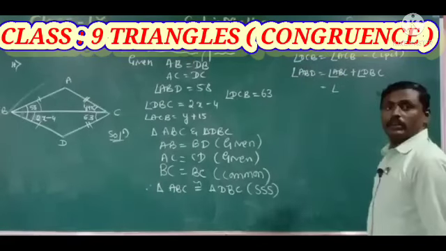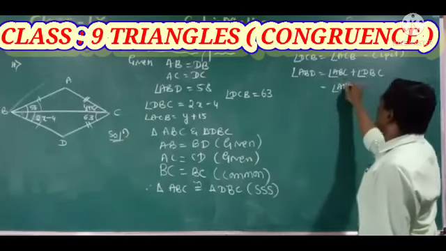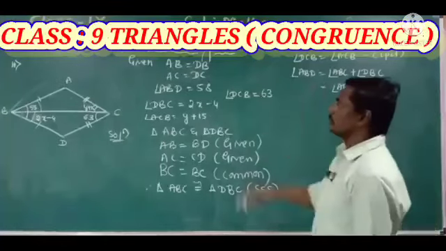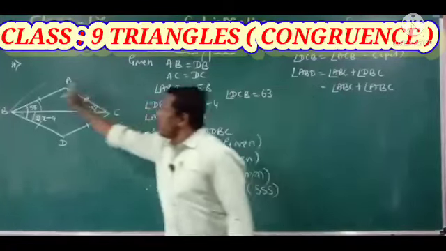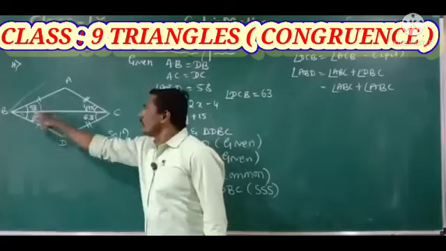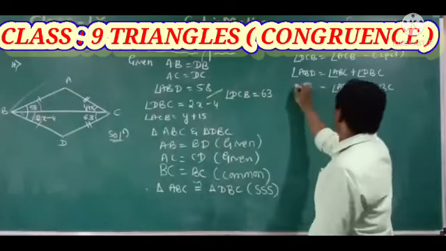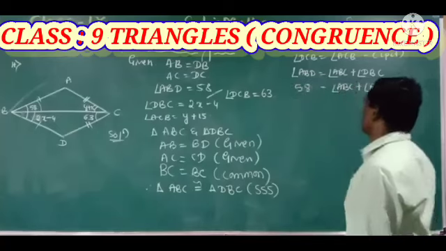So I am directly taking angle ABC plus angle ABC, which is equal to ABD. What is the value of the complete angle ABD? 58 degrees. So that is equal to 58 degrees.